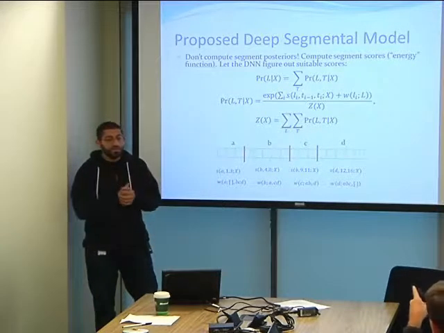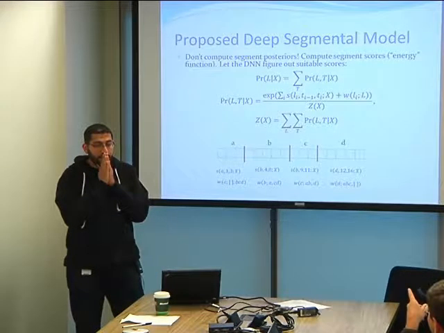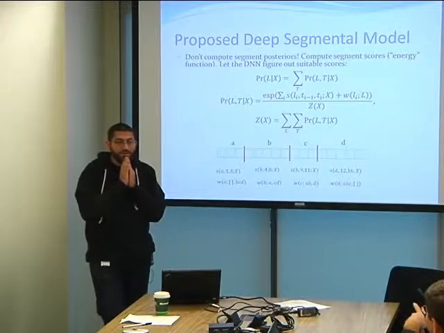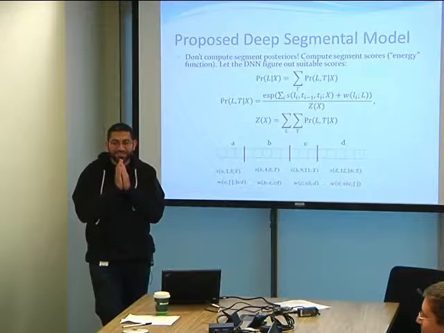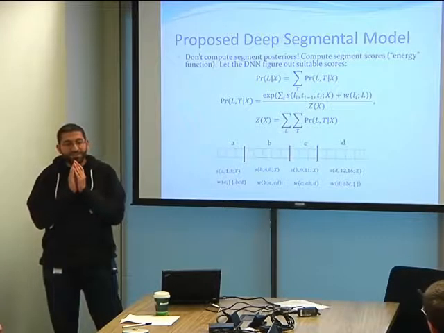So how is this different from the segmental CRF work that we did in 2009 and 2010 and had a workshop on? I think you may answer this question better. That came from before neural networks.